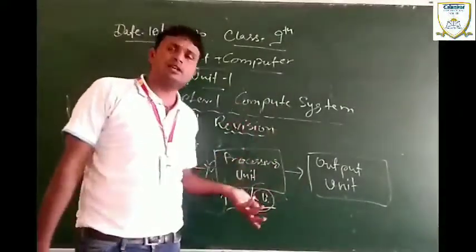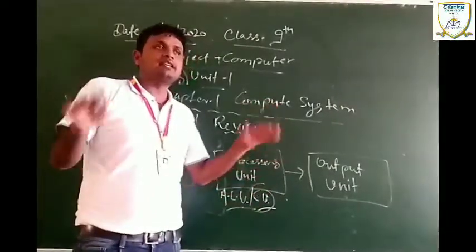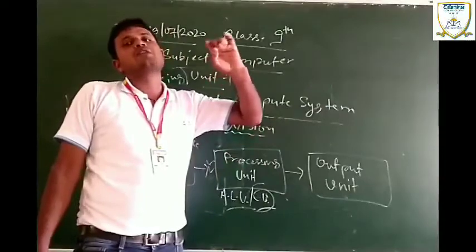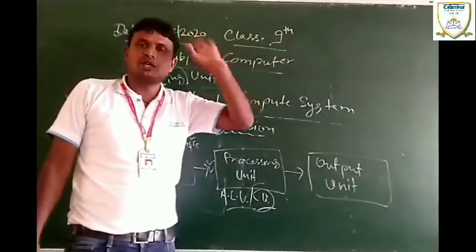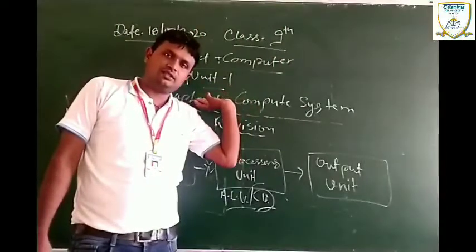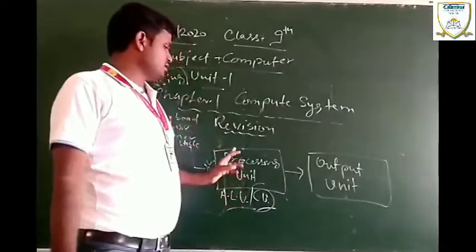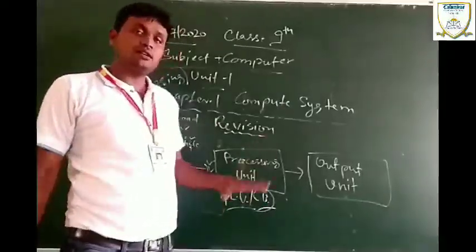It decides which device works and which device does not work. Suppose in an organization most workers are doing work, but the observer is the one who watches who is doing the work and who is not. So the central processing unit, CPU, means ALU and CU. Clear?